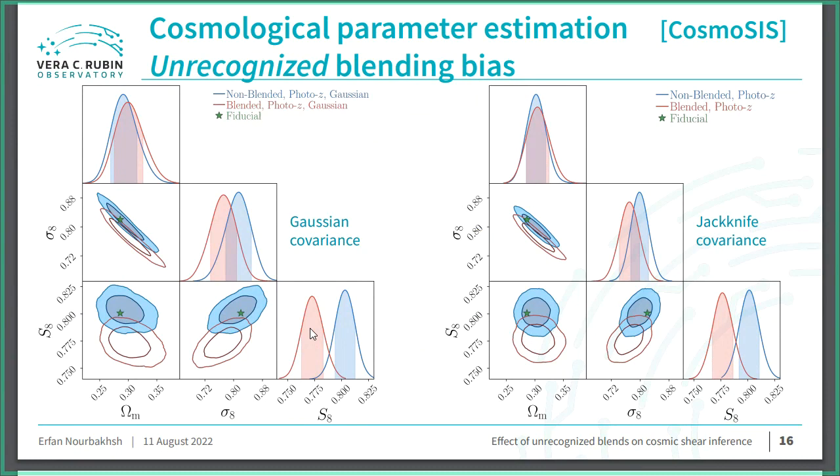We don't see that much change in omega matter, but it is more noticeable in sigma 8, where you see a suppression, a decrease in the value of sigma 8, and because of that, overall, you see a suppression in the value of S8. This is true for both covariances, the Gaussian and jackknife.